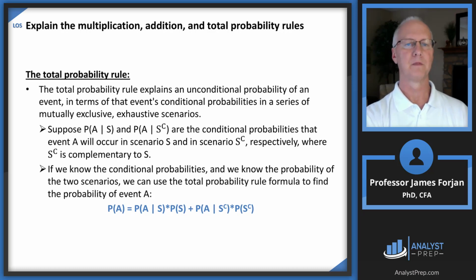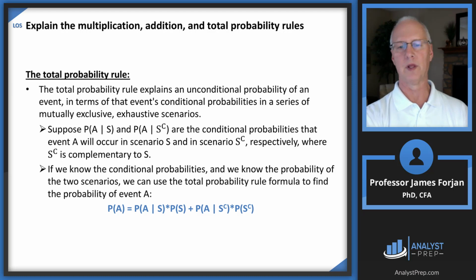All right. Now, the total probability explains an unconditional probability of an event in terms of the event's conditional probabilities. And so here we have to distinguish between a scenario and then the complementary scenario. That's why in the formula you'll have an S that will occur, that's scenario S, and then a complementary scenario.